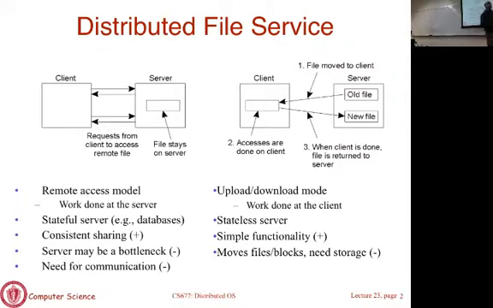If another client opens that same file, you have an old copy here because there's another copy sitting with the client, and if there are multiple such copies, how to keep them consistent becomes a more challenging task. In the remote access model, all the requests are handled by the server, so consistency is handled at the server level. So it's somewhat more straightforward. These are the two high-level models for designing a distributed file system.